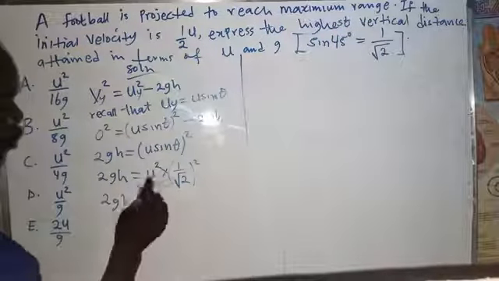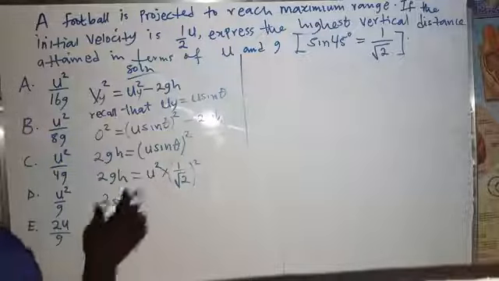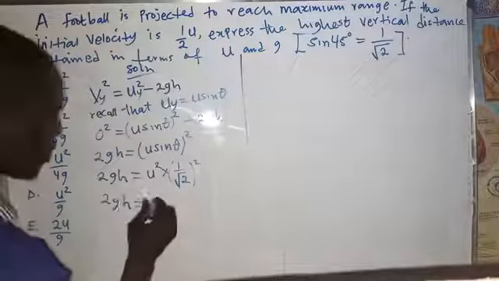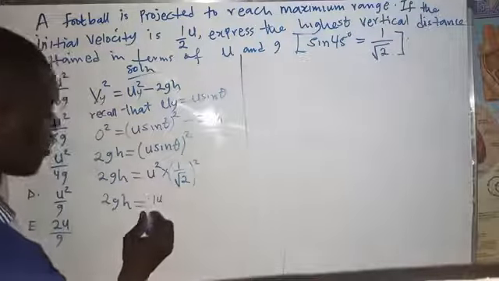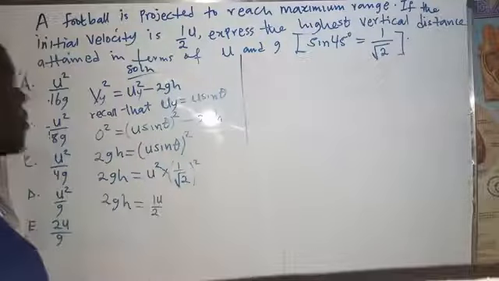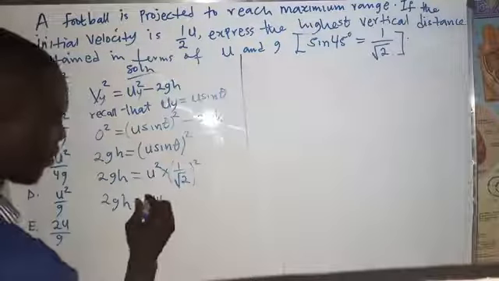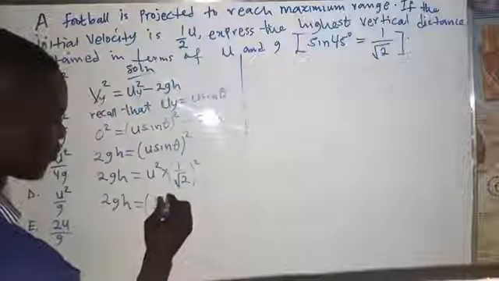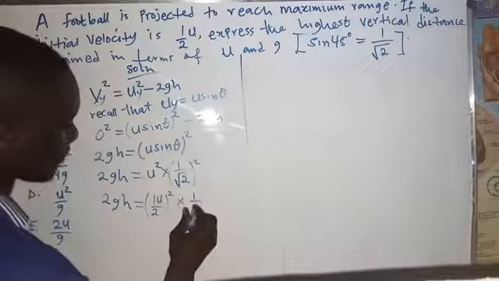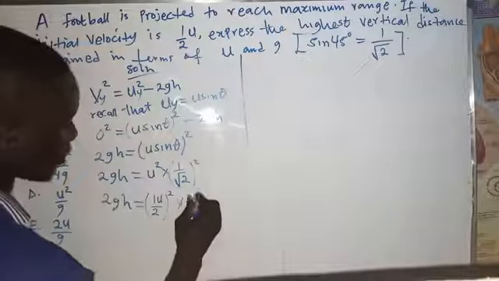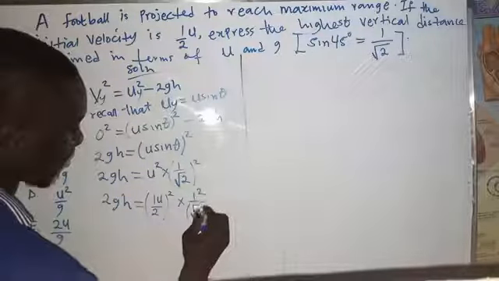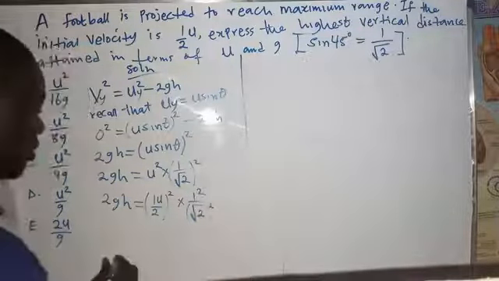So 2gh is going to be equal to, what is our u? The initial velocity is half u, so half u all squared, multiplied by 1 squared all over root 2 squared.